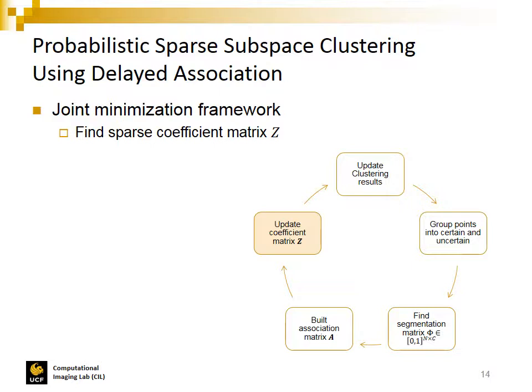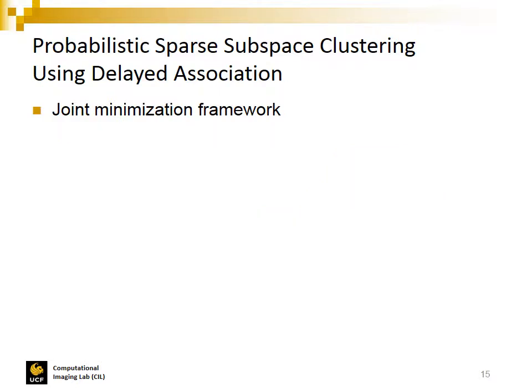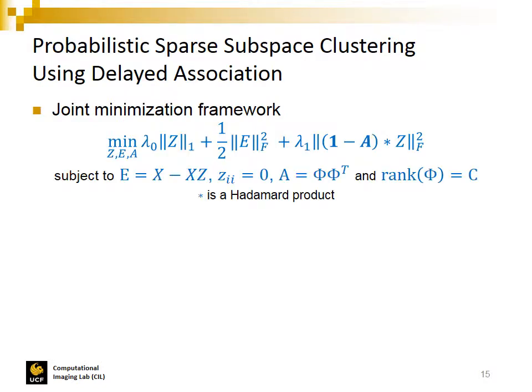The association matrix A can be used to denoise the coefficient matrix Z and get a better representation of data in their own subspace, while the coefficient matrix Z can lead to a more accurate recovery of association matrix A. We formulate the connection between A and Z as in this formula, where 1 is an n by n matrix with all unit elements, and lambda 0 and lambda 1 are positive trade-off parameters. The constraint Z_ii equal to 0 forces the main diagonal to be close to 0 to avoid degenerate solutions.